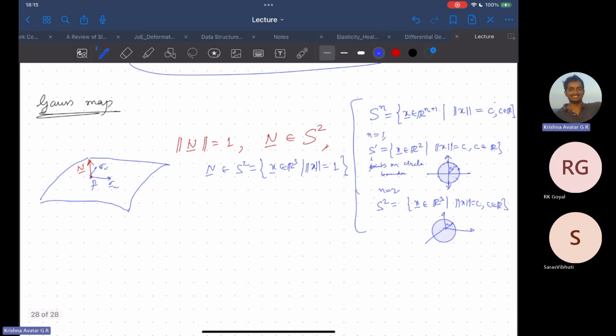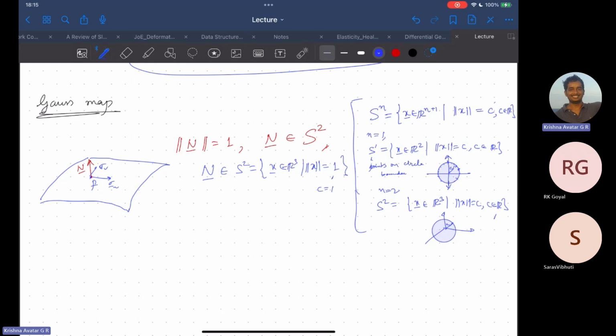It's a special case of S2, right? Why is the norm equal to 1 considered a special case? Because this is for the case when C is equal to 1. In general, it is arbitrary C.